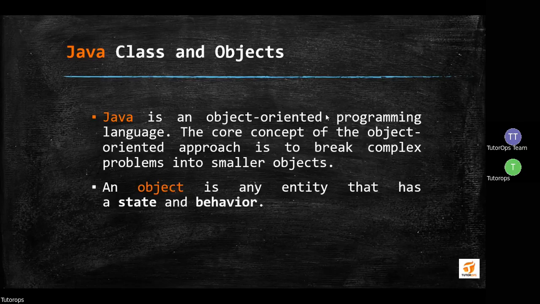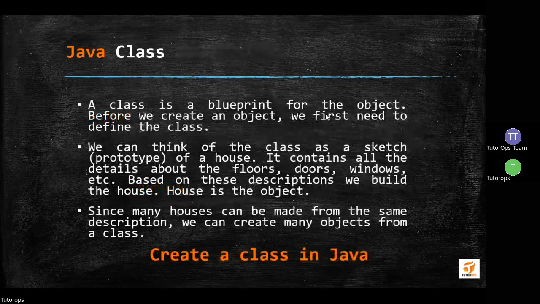When we define a class, we can provide some methods and data within that class, and we will create objects for that class. So this breaks a complex problem into smaller objects. An object is an entity that has state and behavior. A class is a blueprint for an object.